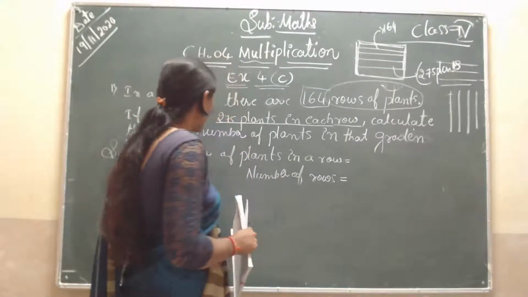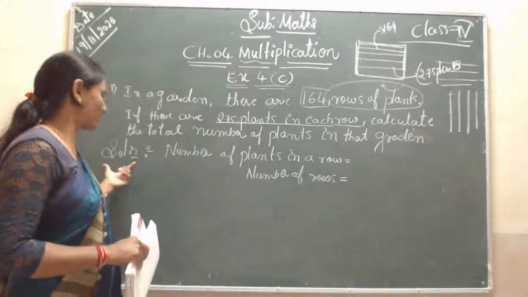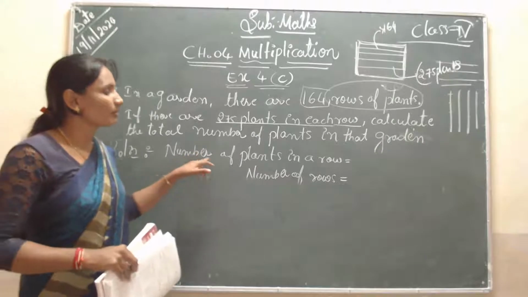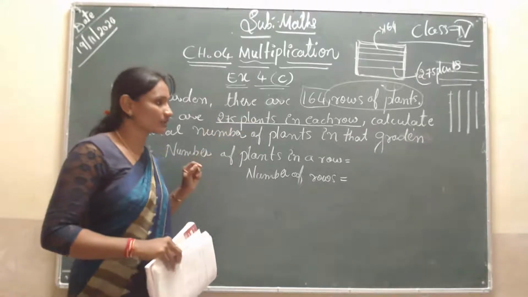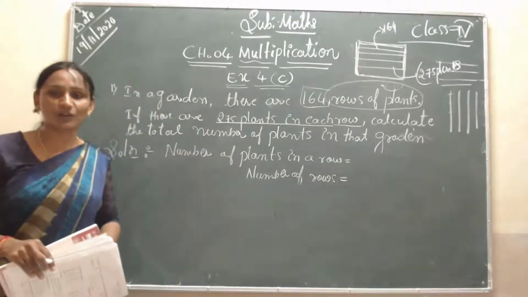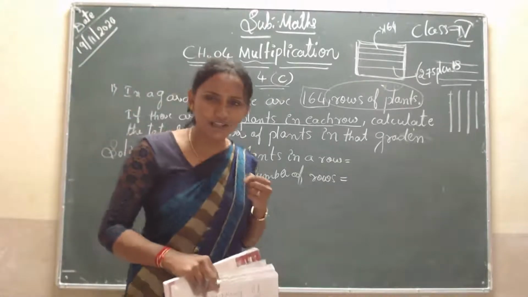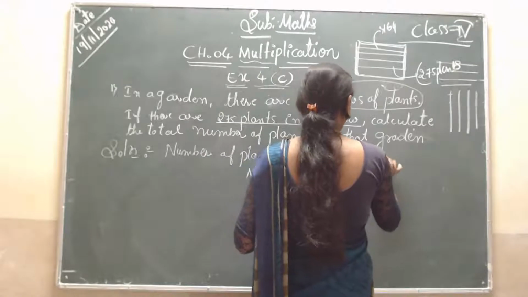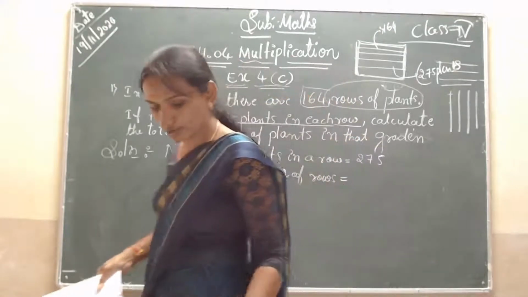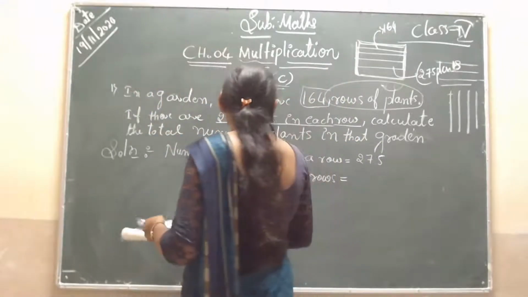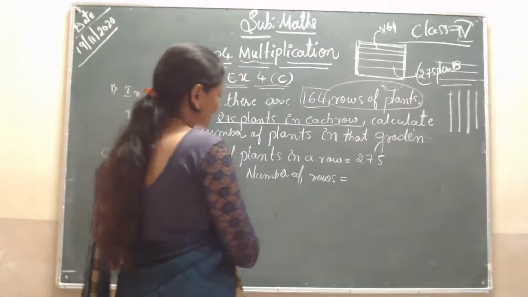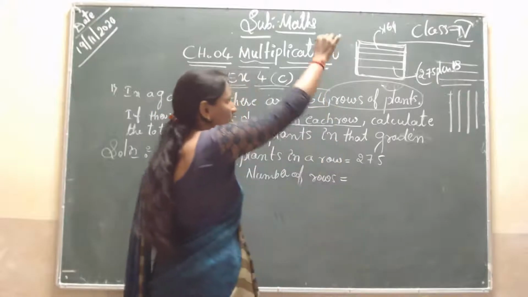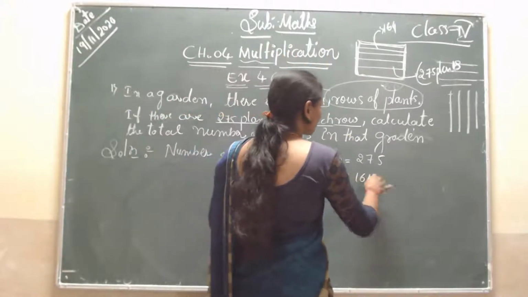First you have to write the statement in the solution. I have already written the solution. Number of plants in a row: students, in each row how many plants? 275. Next, number of rows: 164 rows.